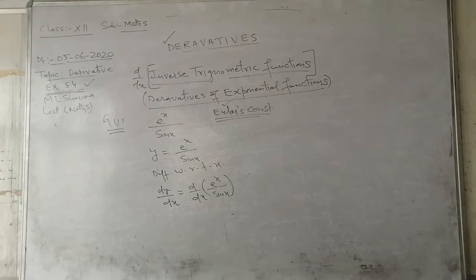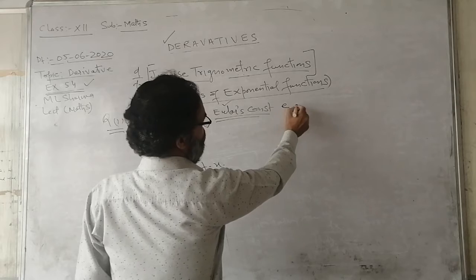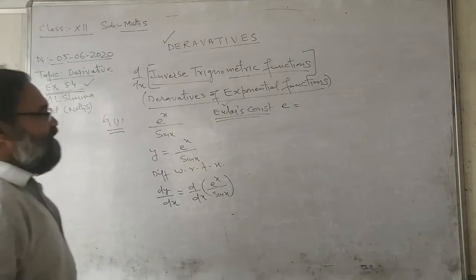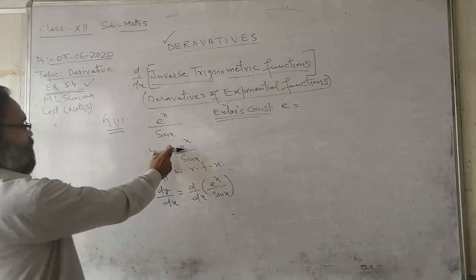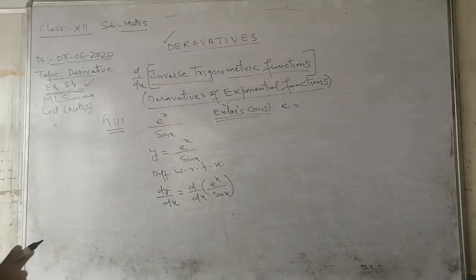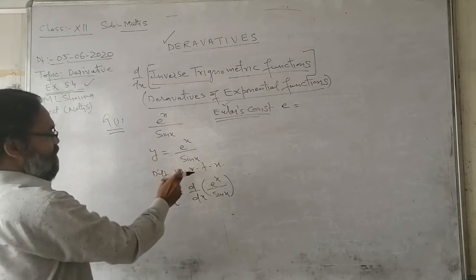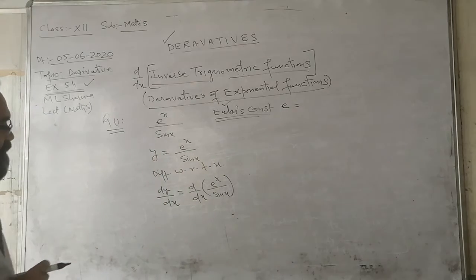Euler was a great mathematician. He found this value e, and it is a constant value. So this is e raised to power x, an exponential function, whereas sin x is a trigonometric function. So it is a ratio of an exponential function and a trigonometric function.